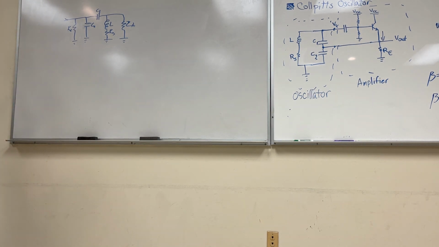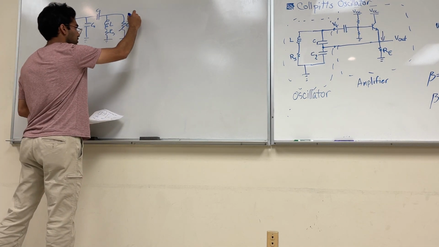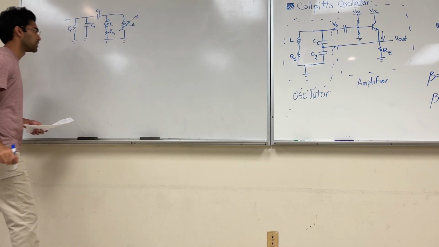We know that the input impedance of your amplifier is going to be very high because we're using very high biasing resistors, so we'll assume that's basically an open circuit.